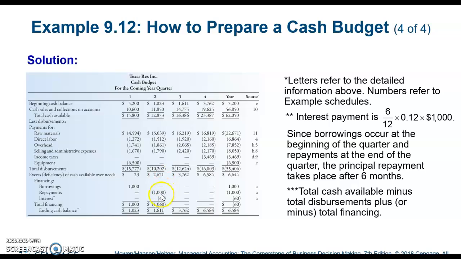Now, since we have enough to pay off the borrowings from the first quarter, we're going to go ahead and do that. So we're going to pay off that $1,000, and we have to pay off the interest. So how did I get the $60? We have $1,000 principal, using the simple interest formula, which is principal times rate times time. So over here on the right, it shows you that our principal, $1,000, times our rate, 12% interest, times time. This is 6 months out of 12, okay?